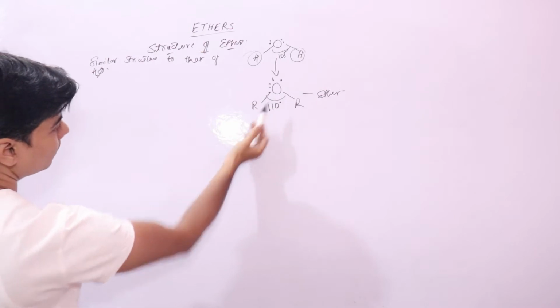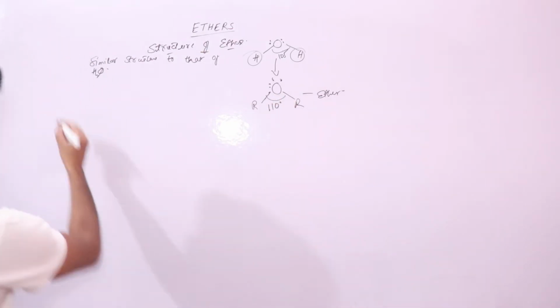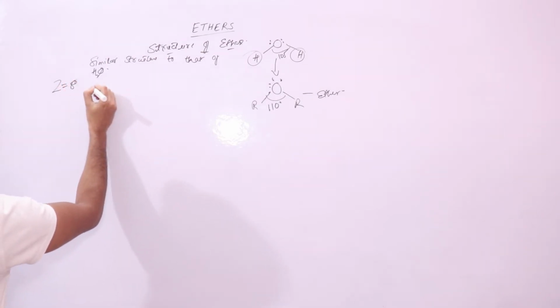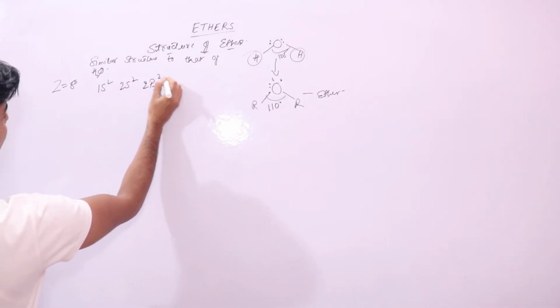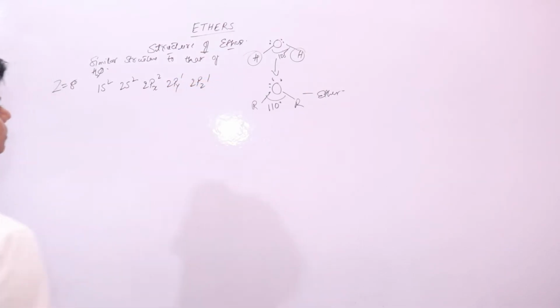Now we'll be looking into the hybridization of the oxygen atom. We know that the oxygen atom has Z equal to 8, so its electronic configuration is 1s2, 2s2, 2px2, 2py1 and 2pz1.